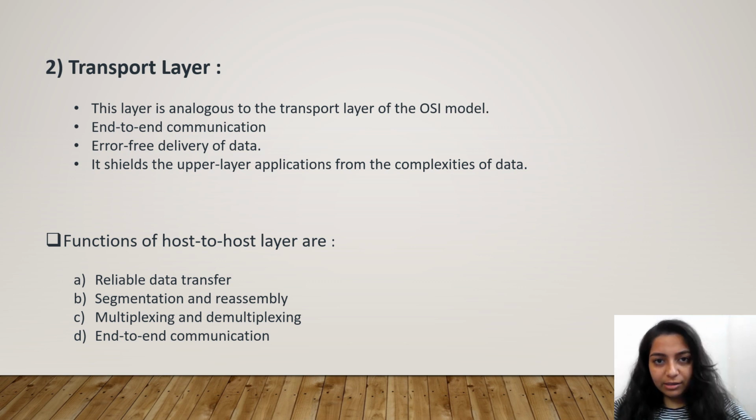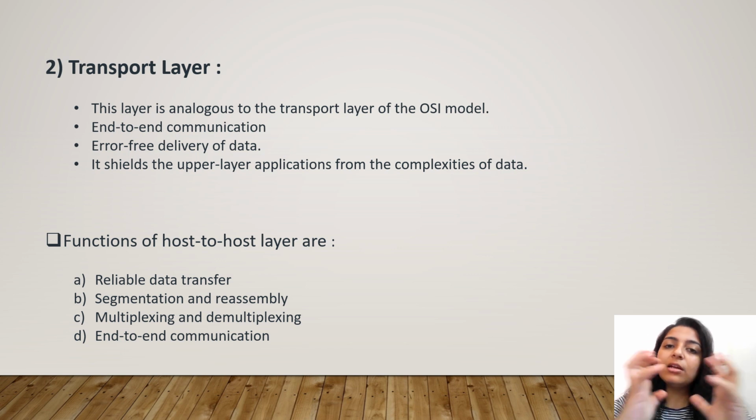It will add error correction and flow control information, and then transmit the data onto the network. Now the transport layer on the receiver will receive the segments. It will check for errors and then collect the segments into the block of data. All the functions are included in this example.